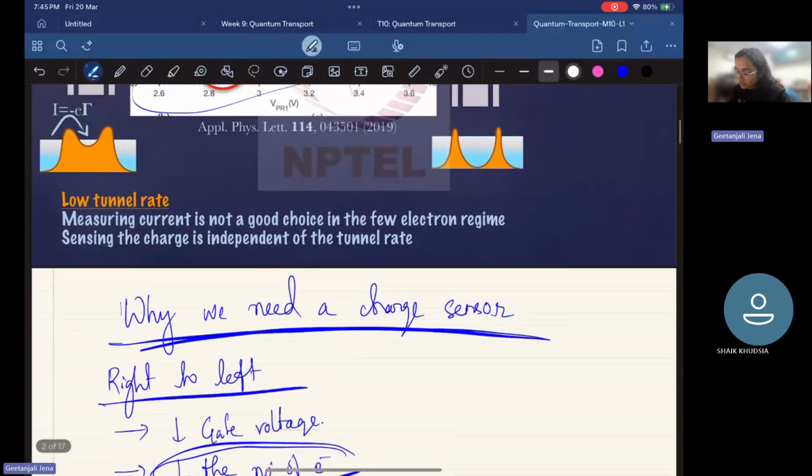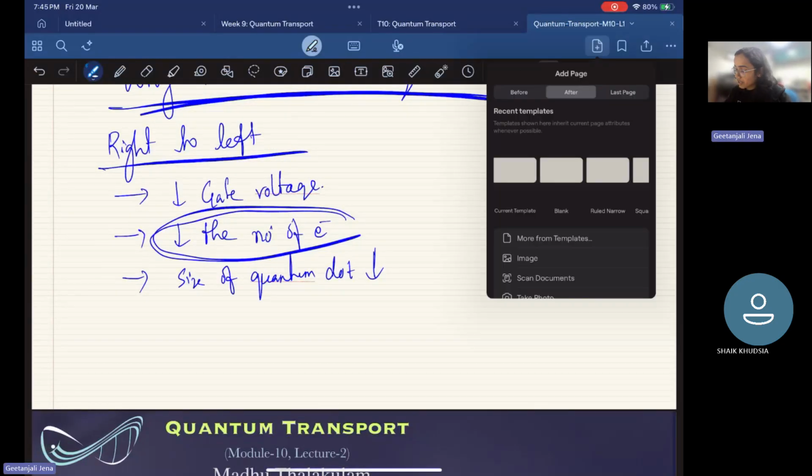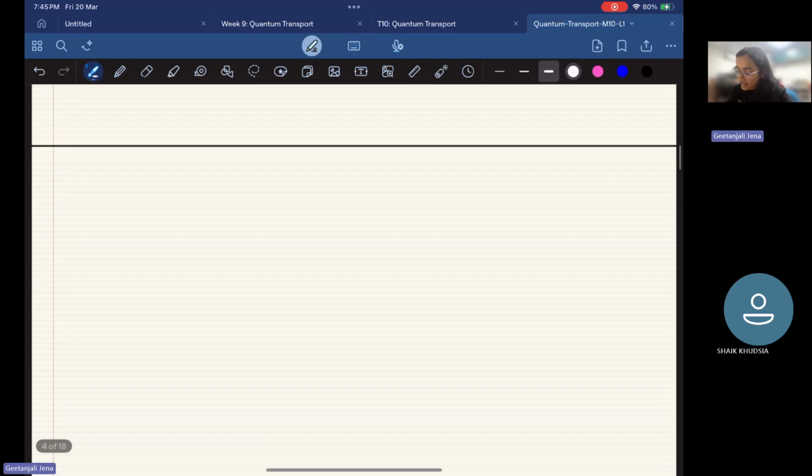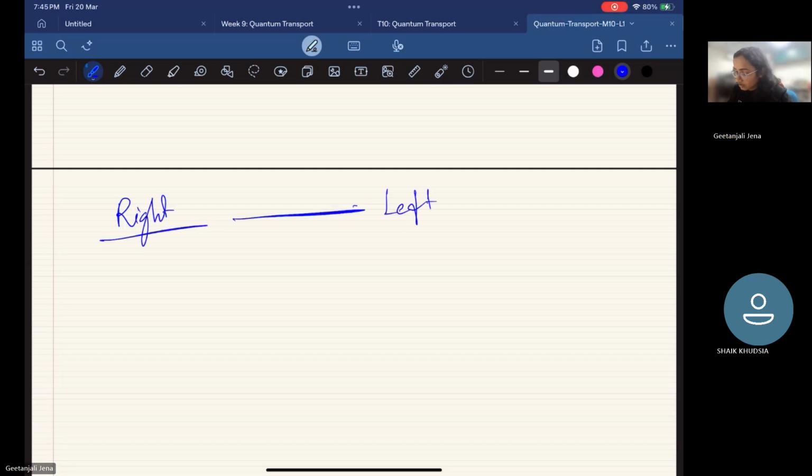So how can we say that, why we are saying that the current is zero? When we move from, let's say, right to left, the current is decreasing gradually.